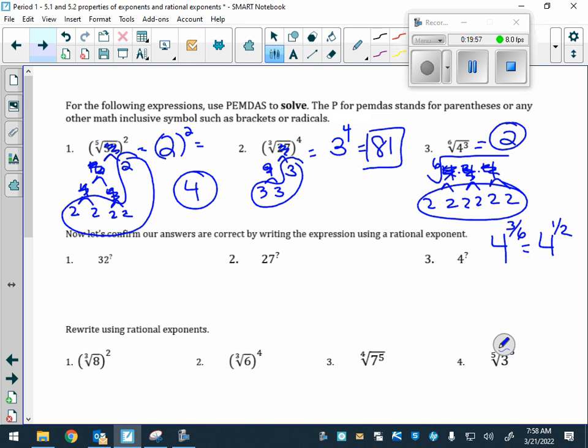Now 1/2 as a radical is what? Hannah? Square root, right? It's the square root. What's the square root of 4? Is that the same thing we got here? Yeah. So that is just two different ways I showed you, right? By rewriting it as a rational exponent, sometimes you could reduce it to get a root that you know of.